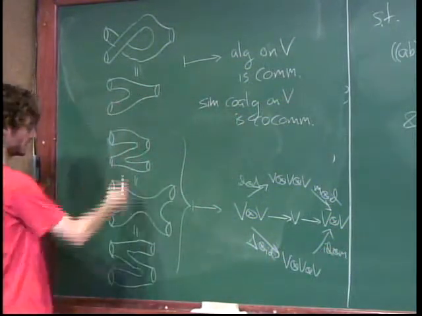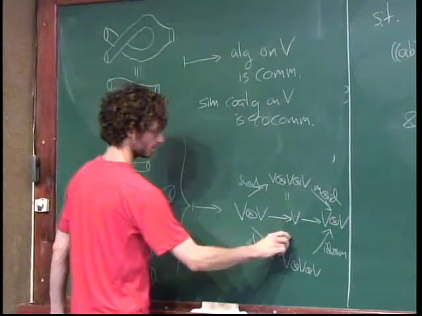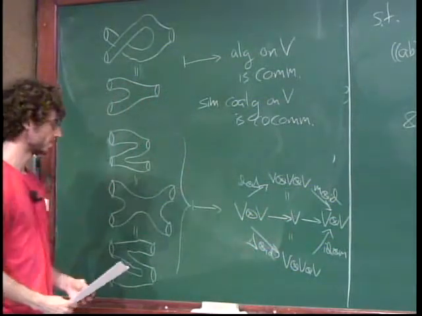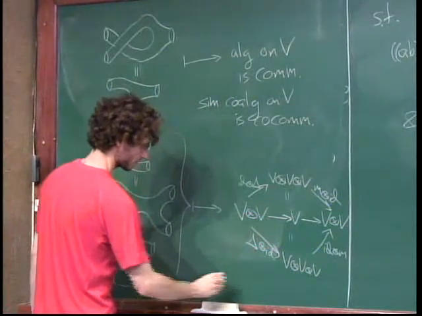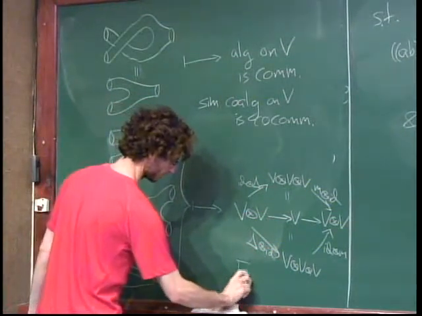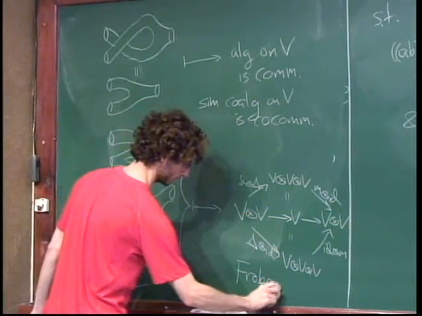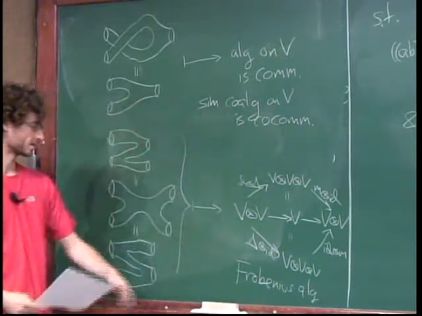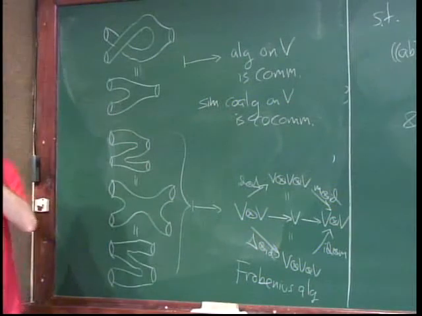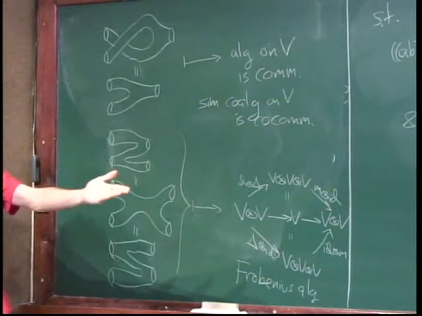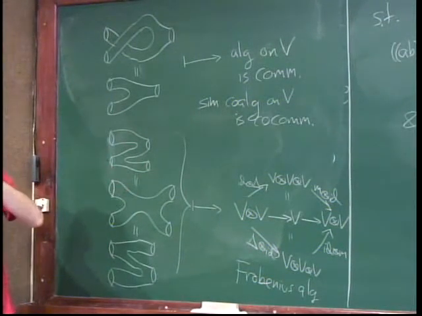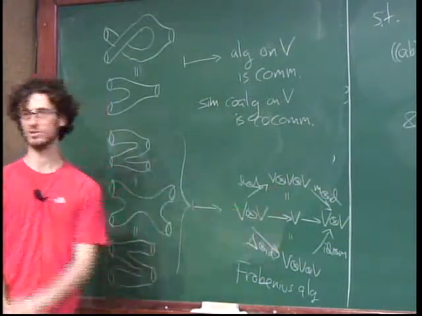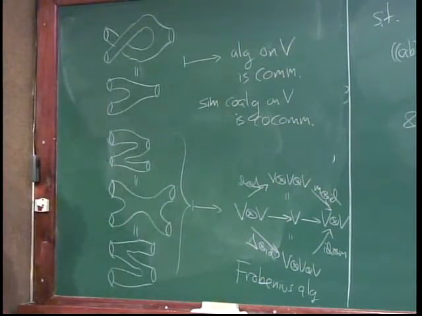And so these are equal, so I want these composites to all be equal, and this is the definition of a Frobenius algebra. So a Frobenius algebra is a unital algebra that's a counital coalgebra such that these conditions are satisfied relating the algebra and the coalgebra structure.